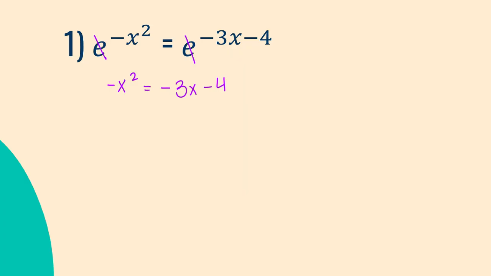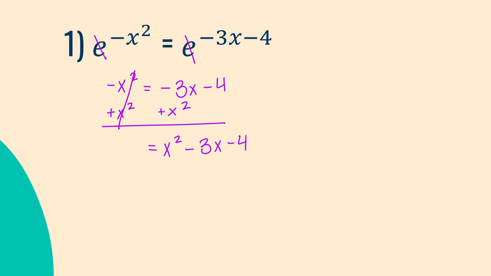Looking at it, I have an exponential equation, so I'm going to set it equal to 0. Add x squared to both sides. I'm going to end up with x squared minus 3x minus 4.